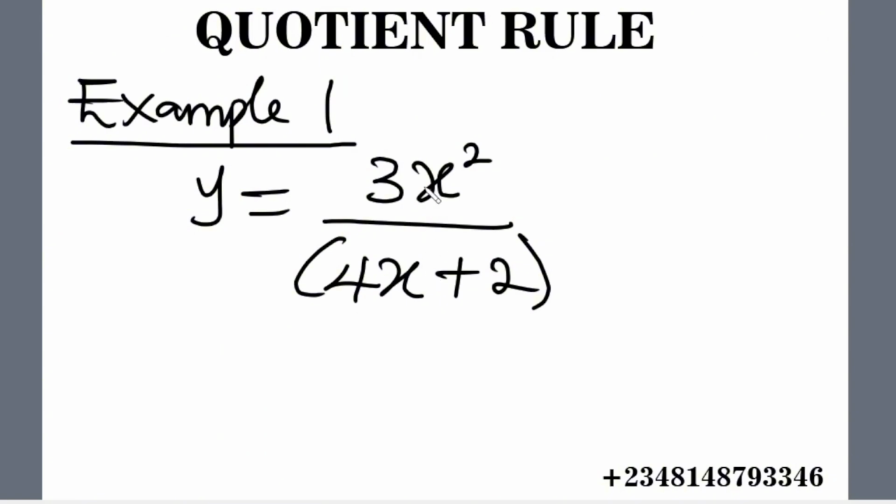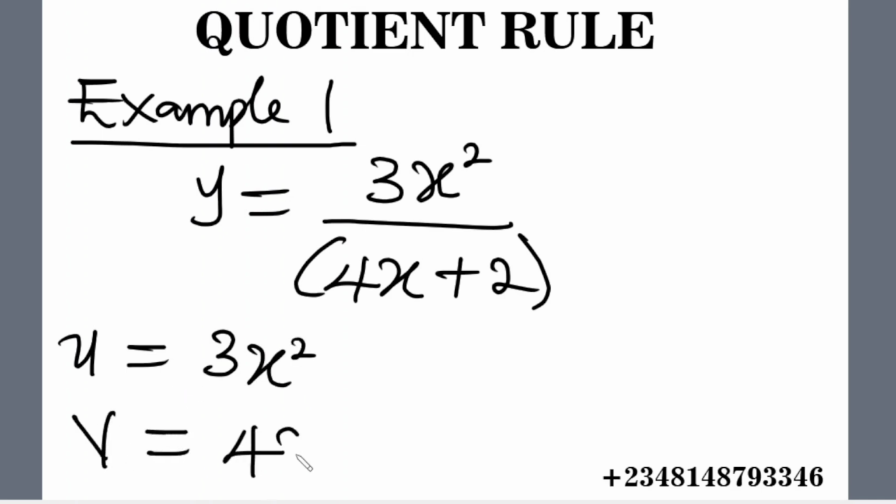Whenever you are given questions like this, the first thing you should do is to identify your u and your v. u is always the numerator and v is the denominator. So u equals 3x squared, and v equals 4x plus 2.